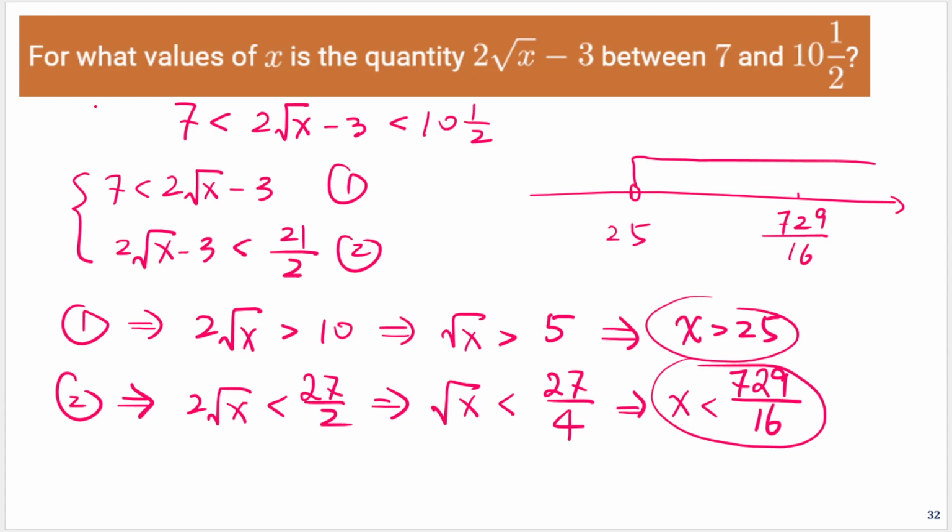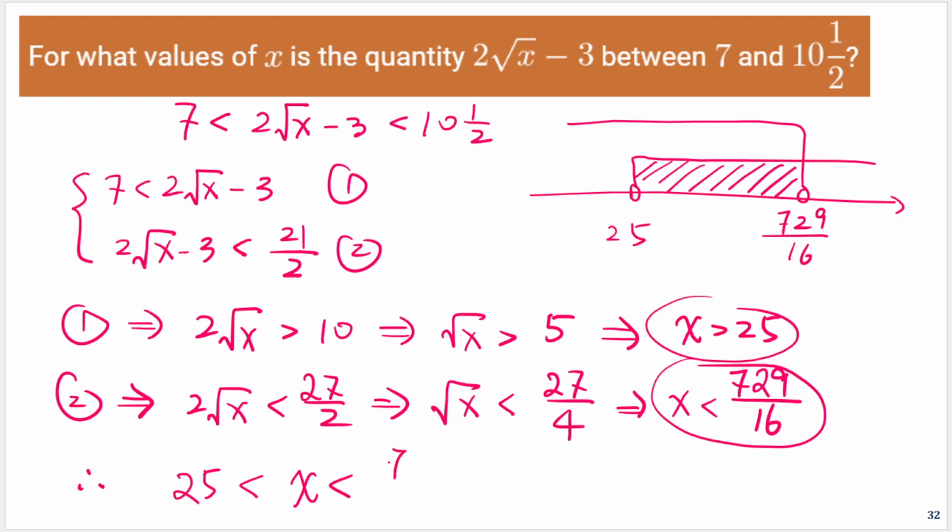The second statement is that x must be less than the second number here. And apparently the interval we are looking for is here. This interval will satisfy both of the inequalities. Therefore, the solution is x must be greater than 25 and less than 729/16, right? Did you get it?